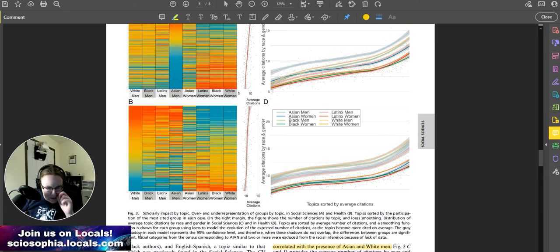The gray shadow in each model represents a 95% confidence interval, and therefore where the shadows do not overlap, the differences between groups are significant. Racial categories from each census, from the census corresponding to the AIAN and 2 or more, are excluded from the racial inference for lack of data.